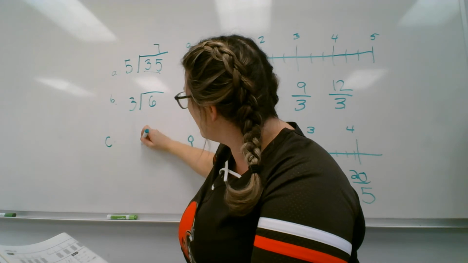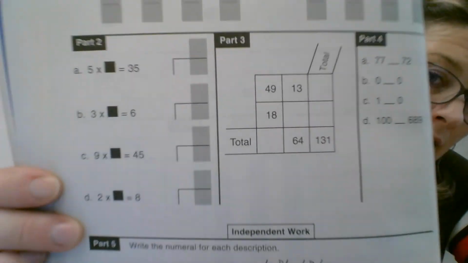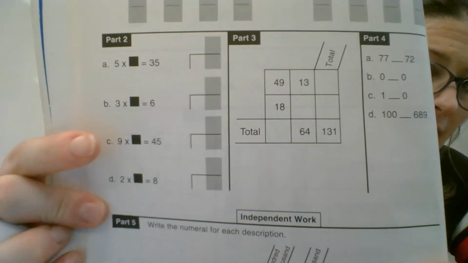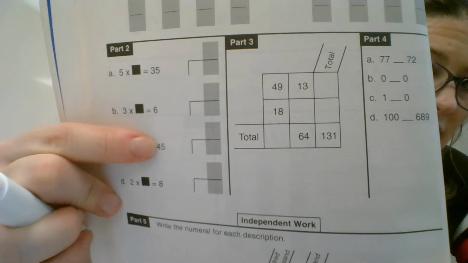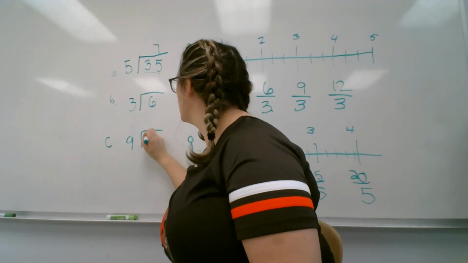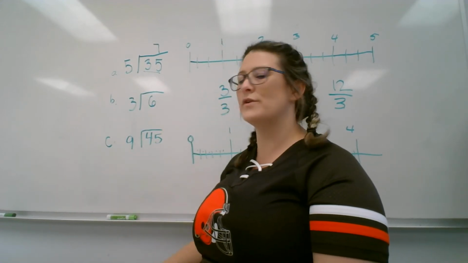Let's do C. 9 times blank is 45. Okay, so this number comes first, and this one goes under the line. So 9, 45. How many times does 9 go into 45?